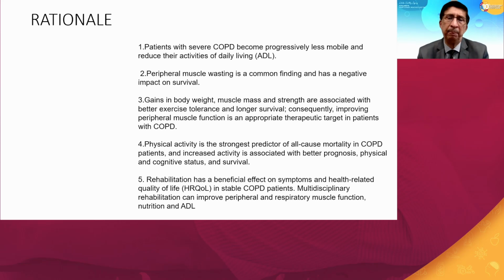Consequently, improving peripheral muscle function is an important therapeutic target in patients with COPD. Physical activity is the strongest predictor of all-cause mortality in COPD. And when you have increased activity, you have better prognosis, better cognition, better survival.